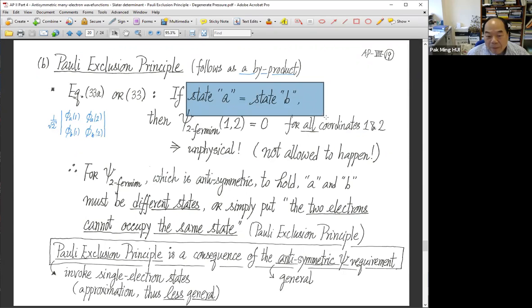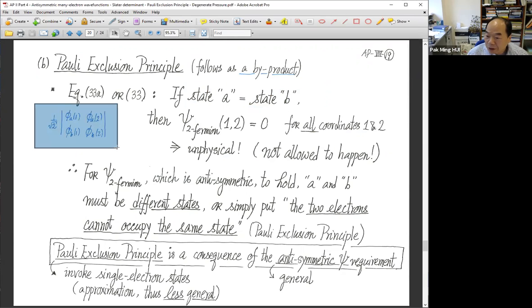So let me summarize. For 2 electrons in 2 states written down in the legal antisymmetric form as the determinant, state A and state B cannot be the same. Get this point? Now, switch the statement a little bit, but the same meaning: you cannot put 2 electrons into the same state.